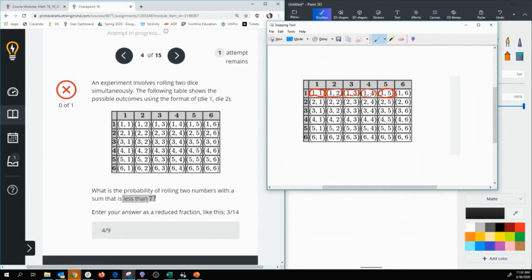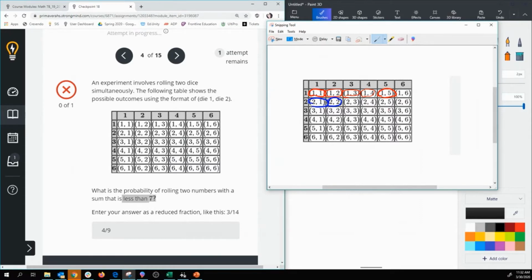When we look at our second row, what is the last ordered pair that I can include for this problem? I know I can include 2, 1 and 2, 2. Where would I stop? Remember, it has to be less than 7. If I have 2 plus 5, 2 plus 5 is 7, right?